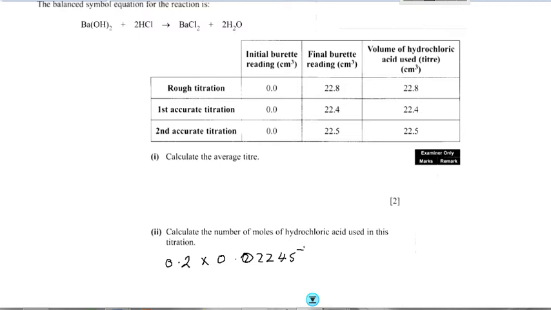That will give us the number of moles of the hydrochloric acid which is used. So that gives us the number of moles of hydrochloric acid used as being 4.48 times 10 to the minus 3 there.